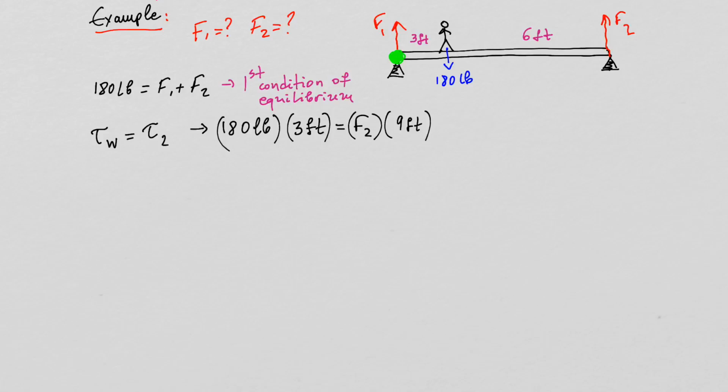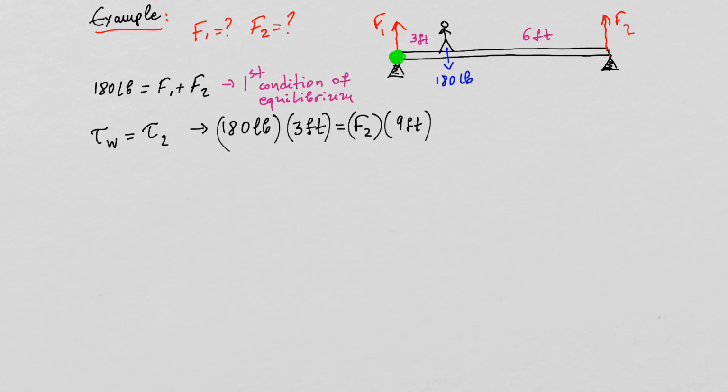Or if I replace those with the product of force and torque arm distance, we have 180 pounds, the weight of the guy, times 3 feet from the left support, is equal to the force F2 times 9 feet from the left support. So remember, force F2 is 6 feet from the person, but then there are 3 more feet to the left support, so the total length of the plank here is 9 feet, and that's the distance from F2 to the selected point of rotation.